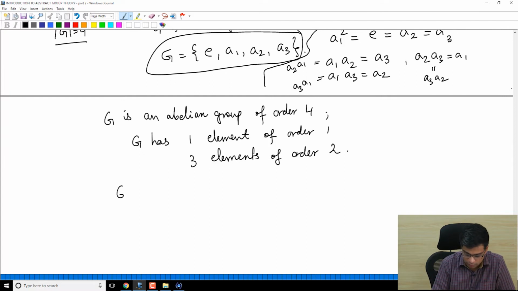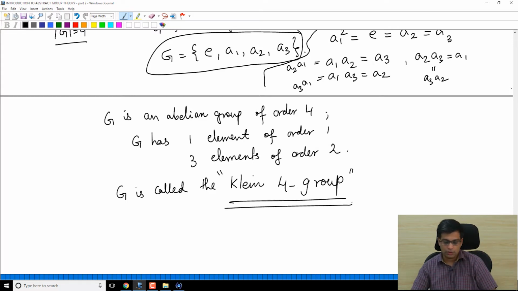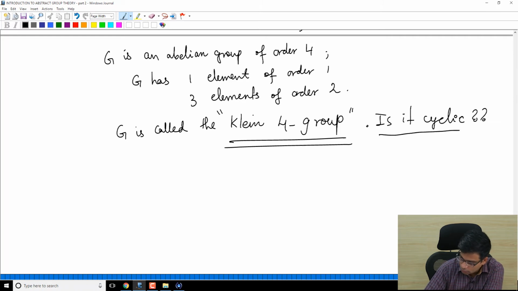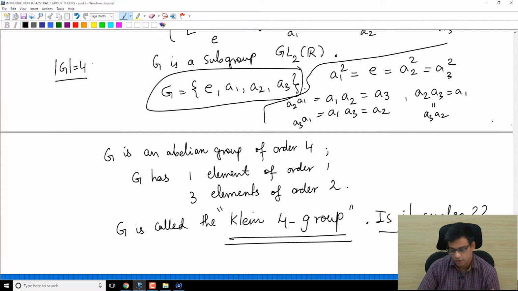G is called the Klein 4 group. Okay, it's called the Klein 4 group. Is it cyclic? Is it the group generated by some specific element?